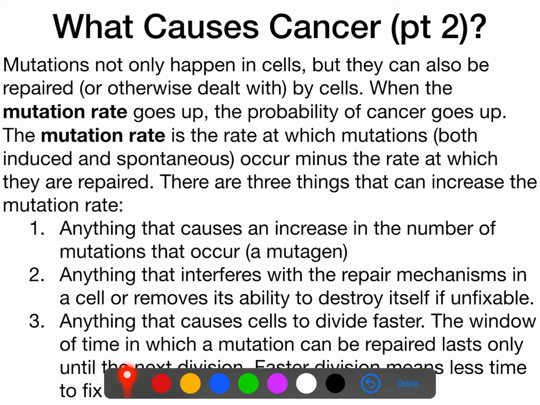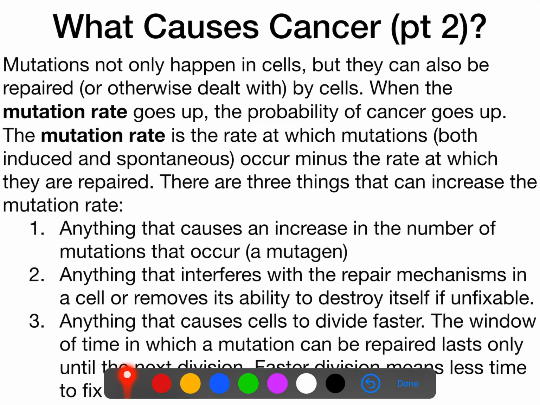But also anything that causes cells to divide faster. So, for instance, asbestos works through this mechanism. Asbestos does not cause mutations. It does not stop you from repairing mutations. What it is is these little spikes of material that get in your lungs and they kill cells. Well, if you constantly are having cell damage done to your lungs, then that means your cells have to reproduce much faster in order to repair the damage.